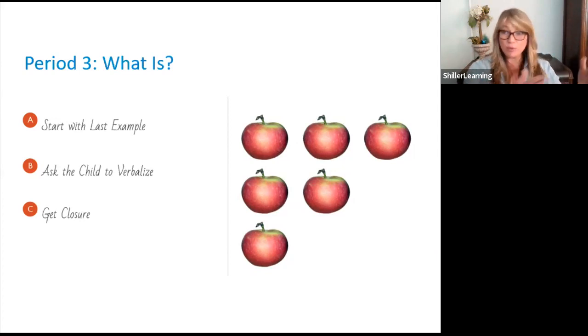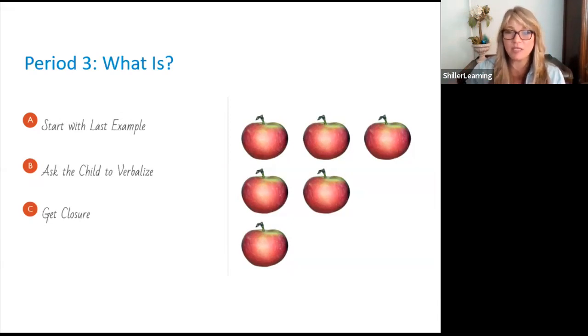And just like when we were transitioning from the first to the second period, we want to start with the last example. And so if we had last asked, can you show me 2? Then now, as I started off explaining in the last one, you are pointing to the 2 and asking your child, what is this?